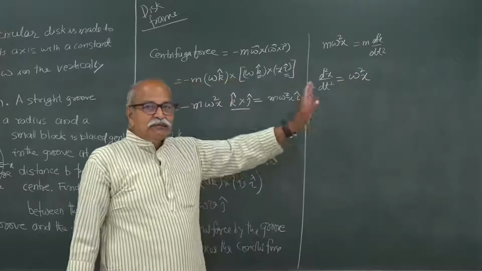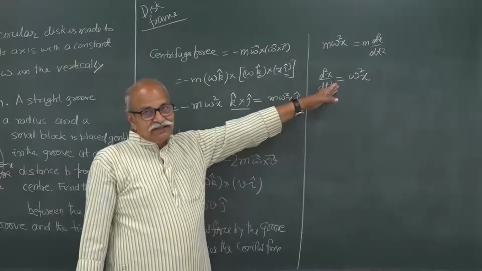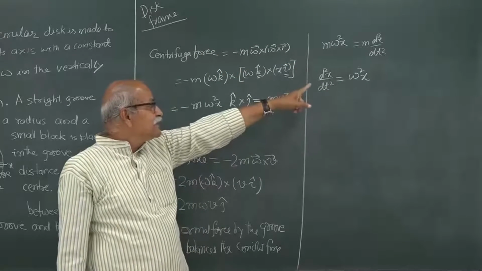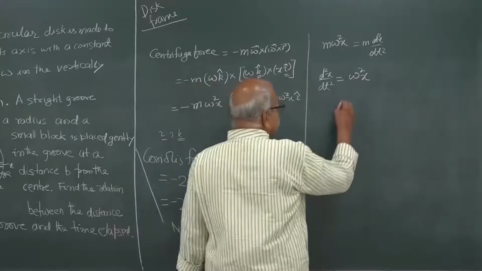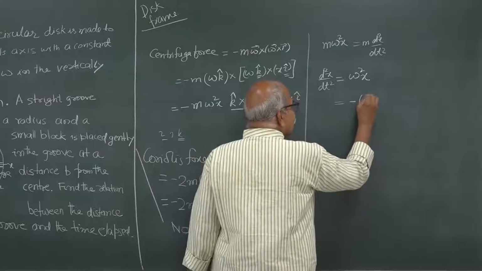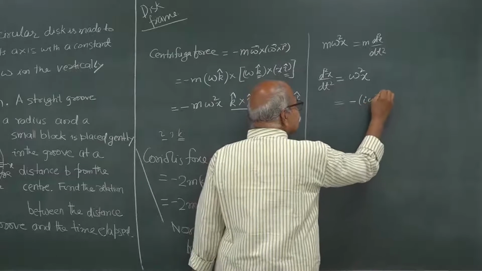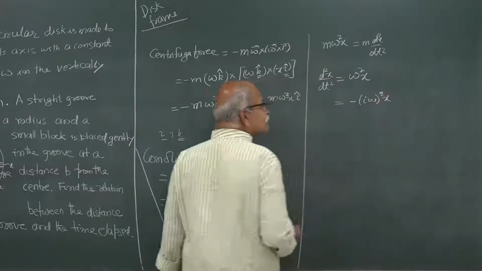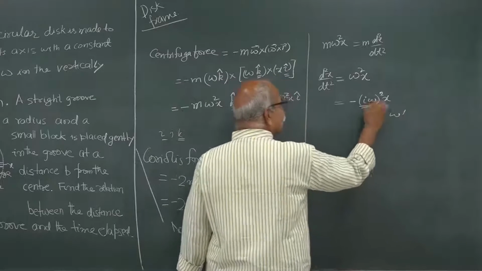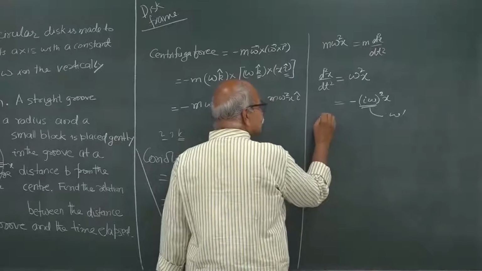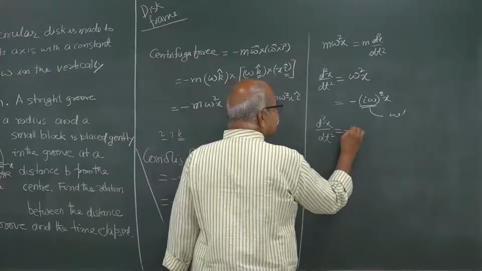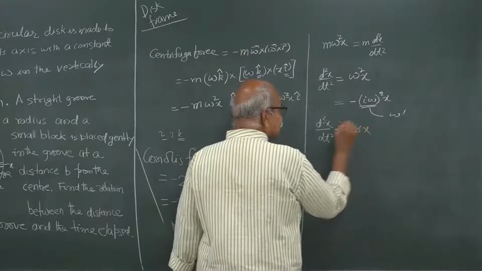Okay. Had it been minus omega square x, the solution would have been of the simple harmonic type, but it is plus. You can still make it of that type: minus i omega, whole square, times x. Call this quantity some omega prime, which is imaginary, and you have the equation d2x/dt square is equal to minus omega prime square x, and you know the solution.